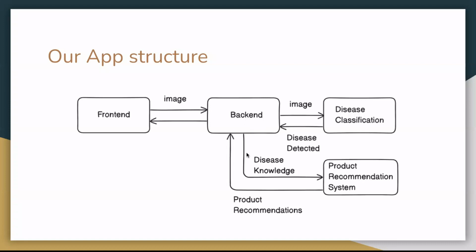The backend further sends it to the product recommendation page, and the product recommendation page gives back the recommended products to use for our skincare, and the backend sends it to the front end. The front end just renders those products that the backend has gotten as a result.